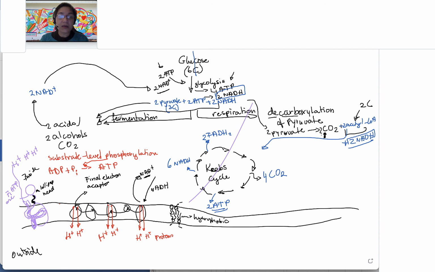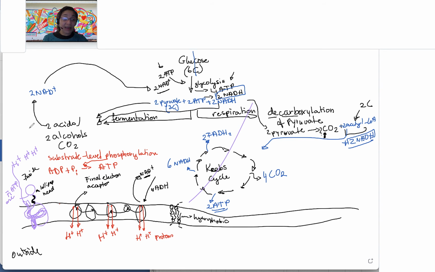The lollipop head can take on 3 different positions. One position in which it's open and can bind ADP and inorganic phosphate. Then as the stalk turns, it squishes them together to make ATP. And then the stalk turns again, opening it up and releasing ATP into the cell.